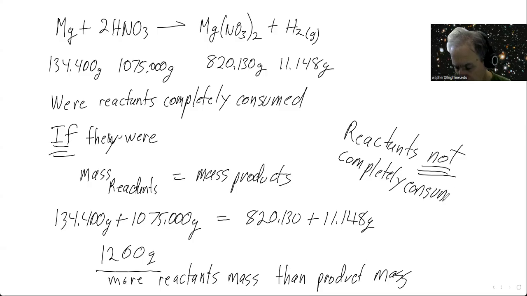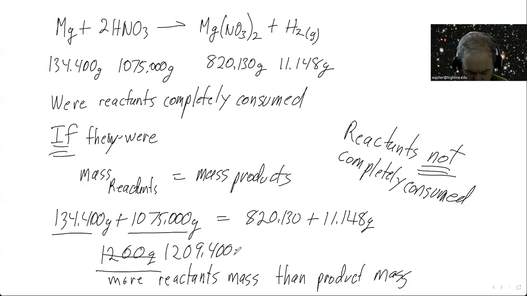Now we have no way of knowing which one of these reactants was in excess and which was limiting. We just know that they weren't all consumed, right? Because this is going to be 1209.4, so 1209.400 grams total of reactants.